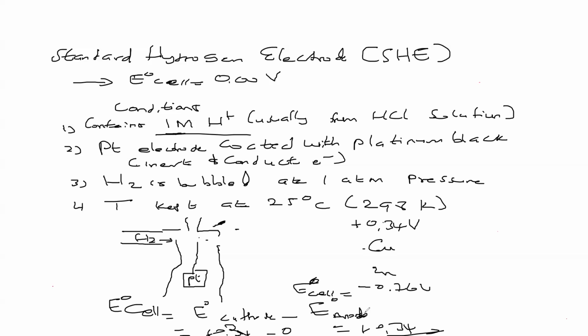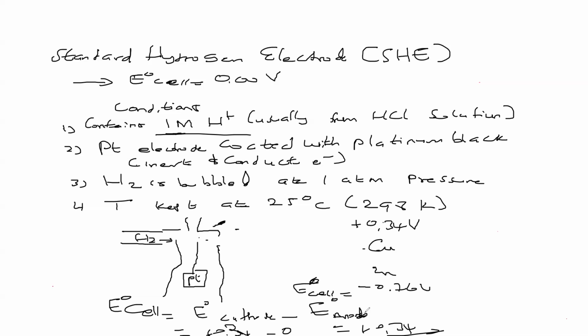So I just wanted to introduce you to everything all together, so that you are familiar with the concepts that are used in electrochemistry. As we are wrapping this up, we said we must have conditions.